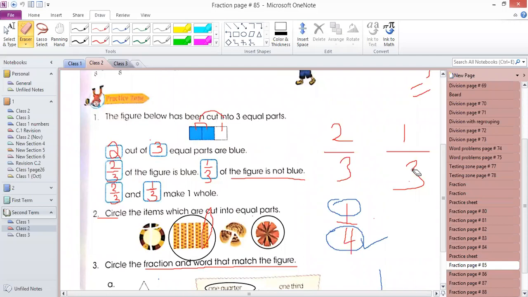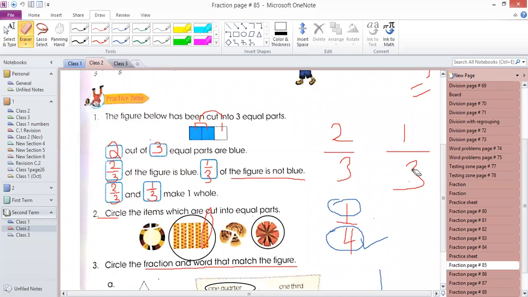So you will say 2 out of 3 equal parts are blue. When you know 2 out of 3 equal parts are blue, you are able to write the fraction also, and that will be 2/3, or you can say that 2/3 of the figure is blue. Now, what is the fraction of the figure that is not blue? For that, you will count how many parts out of 3 parts are not blue. Out of 3 parts, there is 1 part which is not blue.